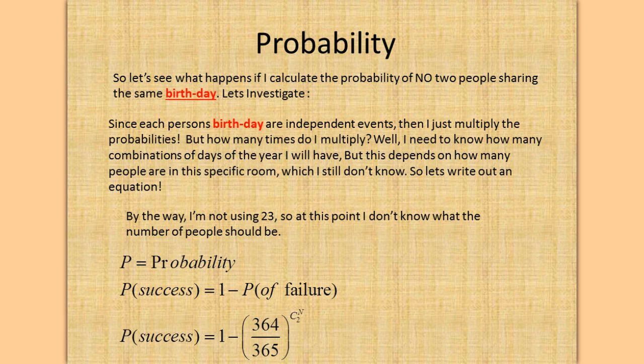Let P equal probability. Then the probability of success equals 1 minus the probability of failure. And we already know what our probability of failure is. We just said it was 364 over 365. So the probability of success equals 1 minus 364 divided by 365.